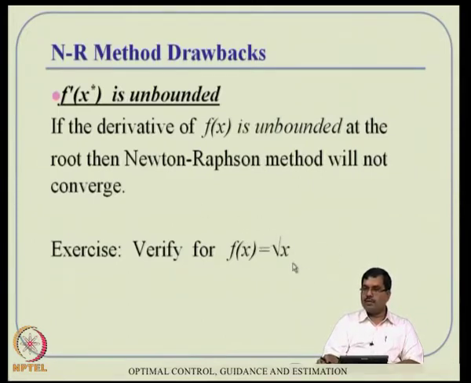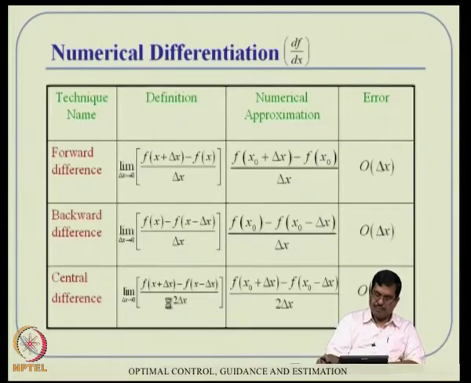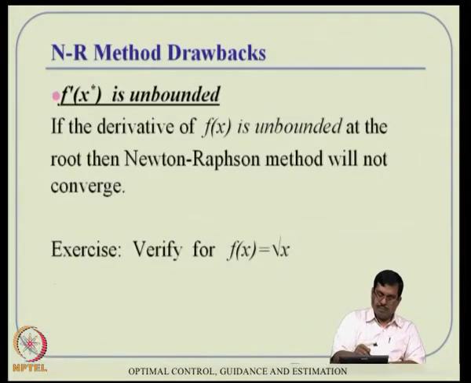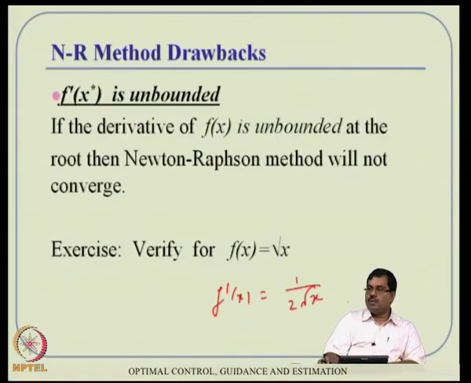Square root of x: remember what is f dash of x? f dash of x is 1 by 2 square root of x. The solution turns out to be 0, so around 0 it is actually infinity. So then there is a problem there.